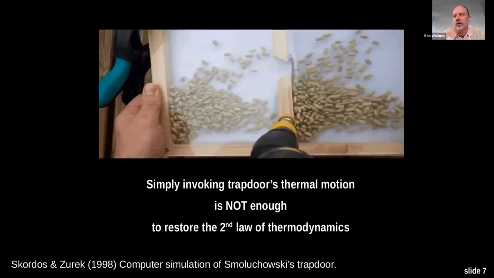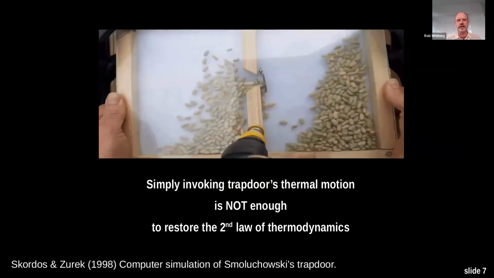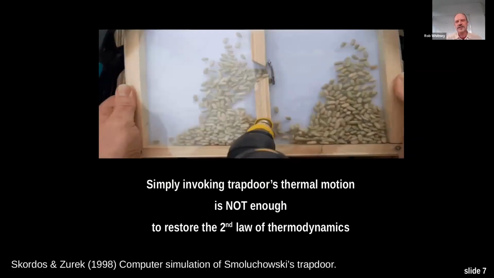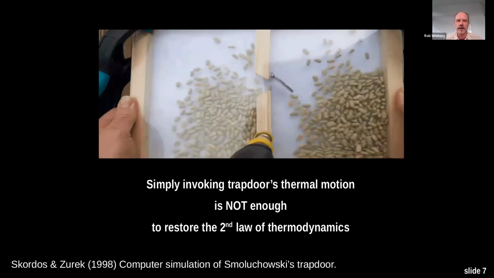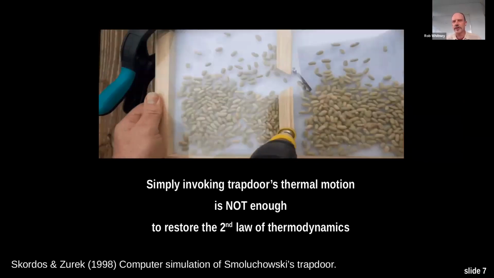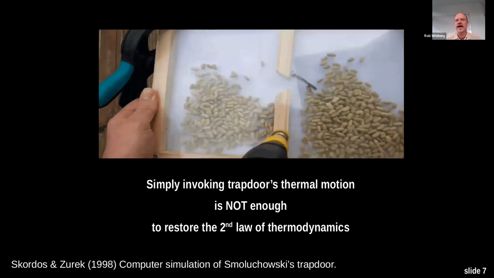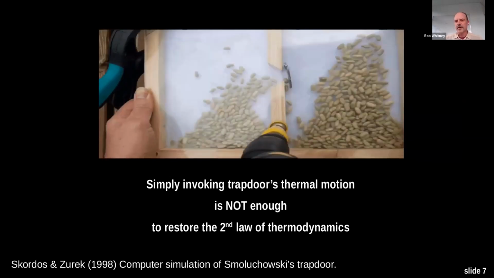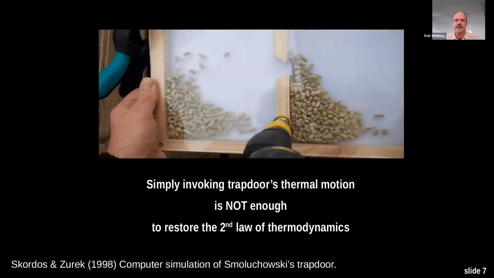So, here's an example of a macroscopic version. I don't know if this video is working on your screens. This is a macroscopic version I made of a trapdoor with some dried beans, and a trapdoor that's about 1 centimeter long. The trapdoor and the dried beans all have about the same mass, so the trapdoor does indeed open when a bean hits it.